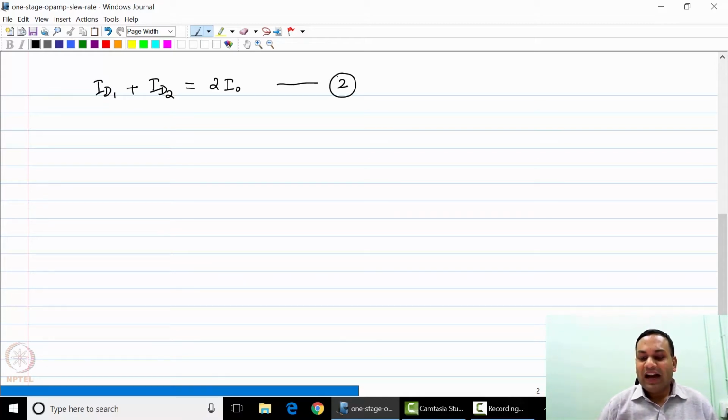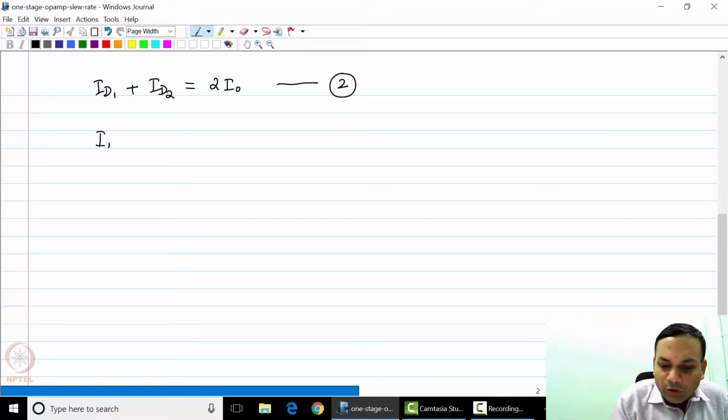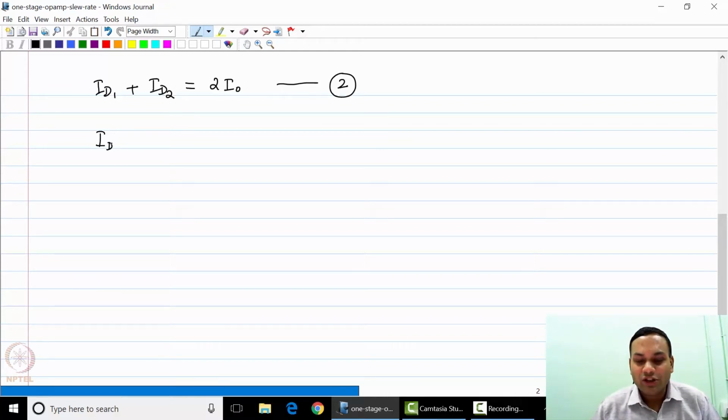Clearly, I have two equations and two unknowns, so I should be able to solve for ID1 and ID2. But more specifically, I am interested in solving for ID1 minus ID2. It turns out that if you solve these equations for ID1 minus ID2, you'll get the following relationship, after some arithmetic manipulation.